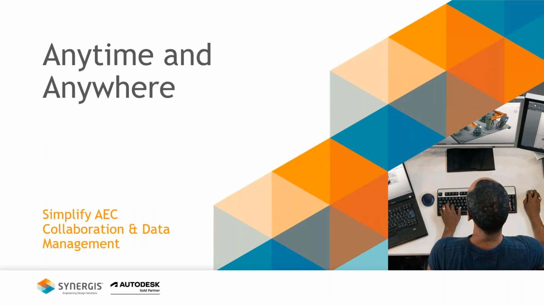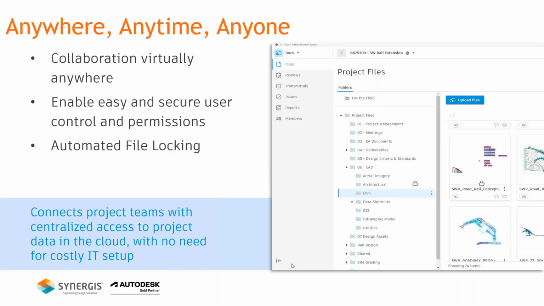So the anytime, anywhere aspect of this is simply doing the same thing, but from a mobile device. What does that mean? Essentially the same information, but with access from a laptop or even a tablet for that matter.